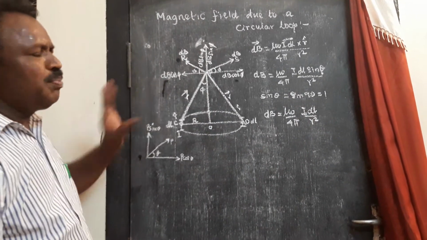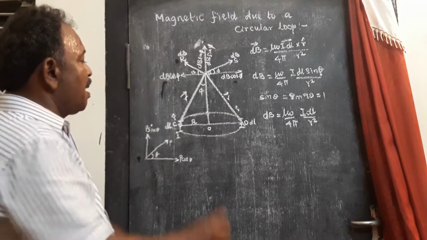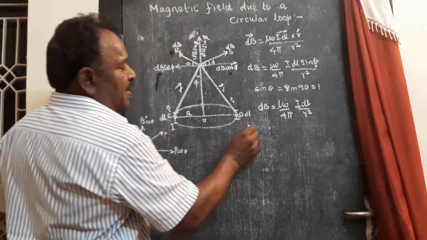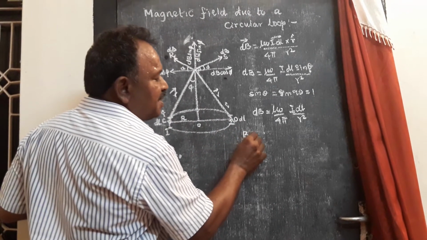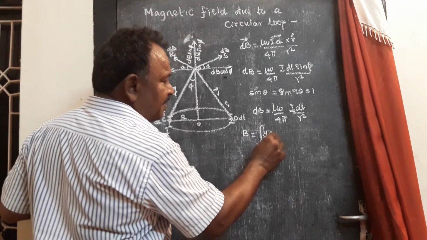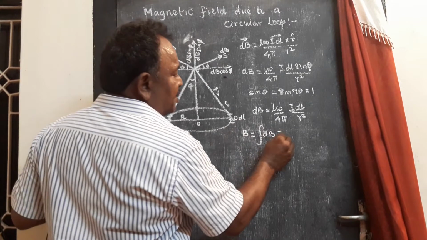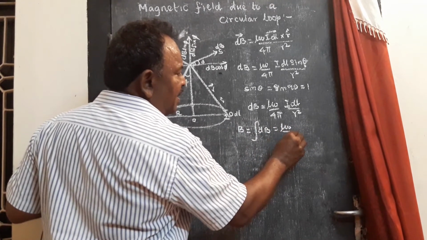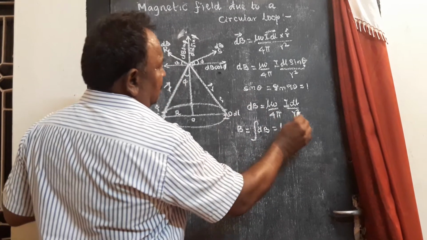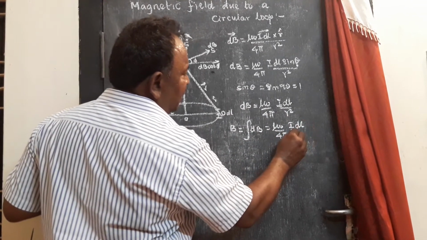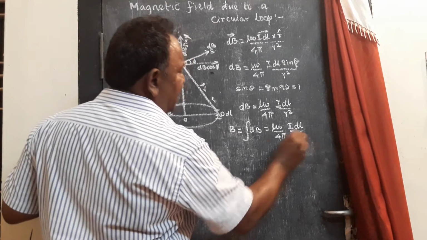Now, by using the superposition principle, the magnetic induction due to this entire loop is given by B equal to integral dB, that is equal to mu naught by 4 pi, I dl by r square.